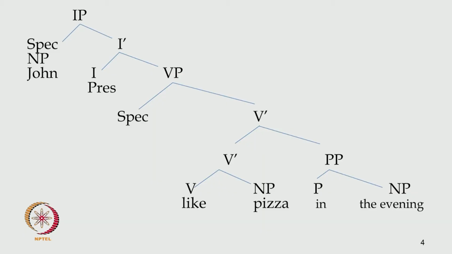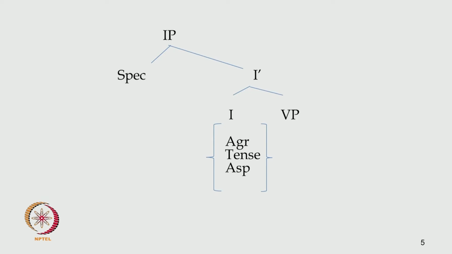This is how a sentence looks in a normal situation, right? For which the idea was that there doesn't seem to be a compelling reason for us to allow agreement, tense and aspect under one bundle.